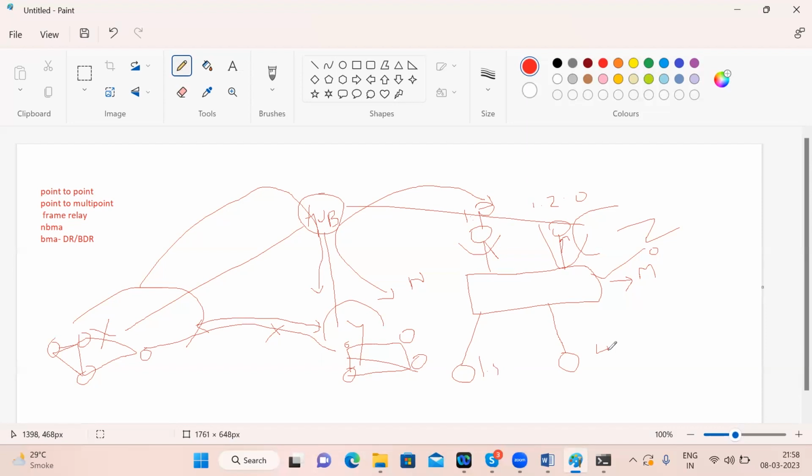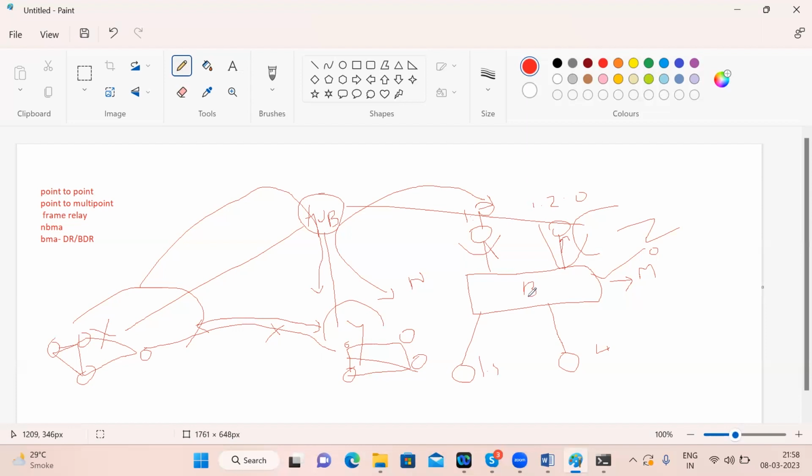Will broadcasting take place? Yes. Why? Because the switch will make a communication between all the routers. So this is known as a BMA network, broadcast multi-access network, where all the routers are able to reach each other by default without any protocol.